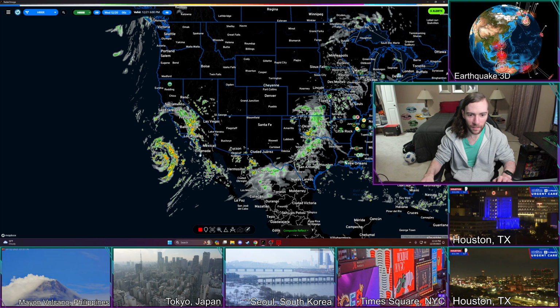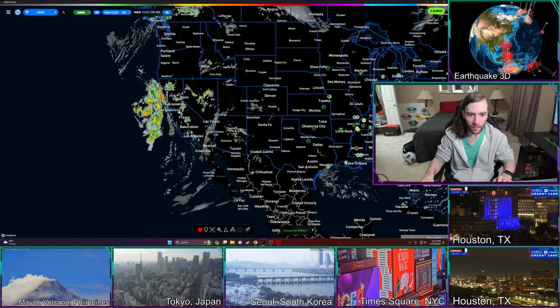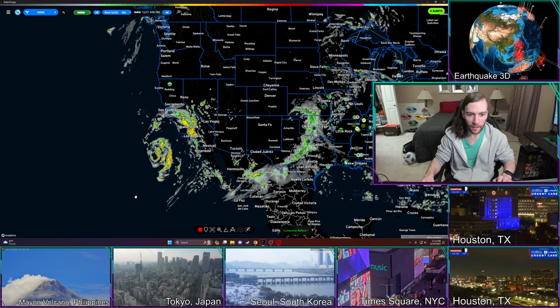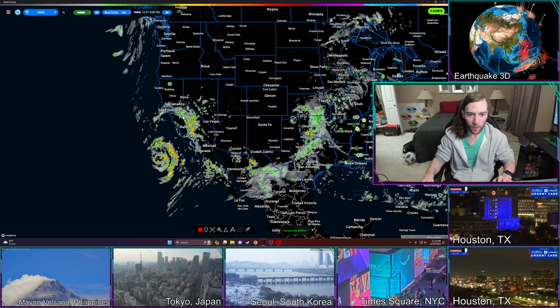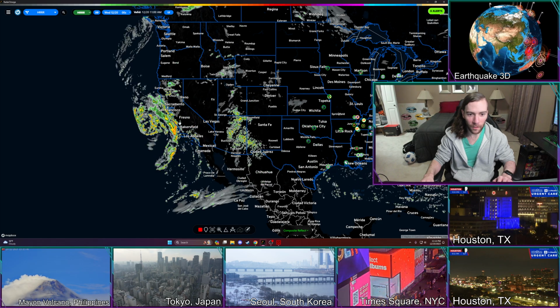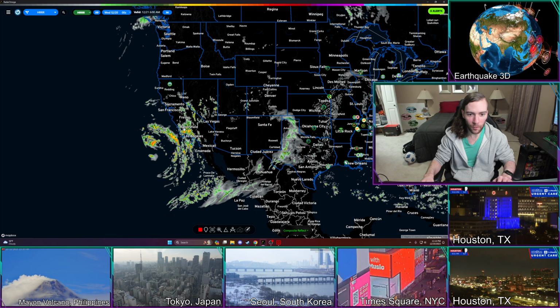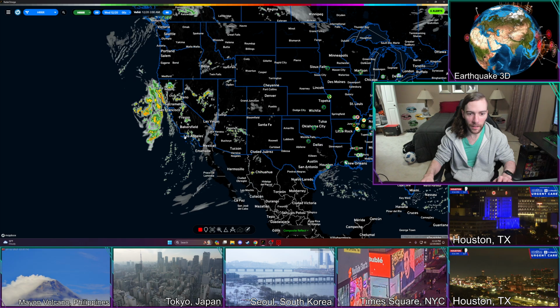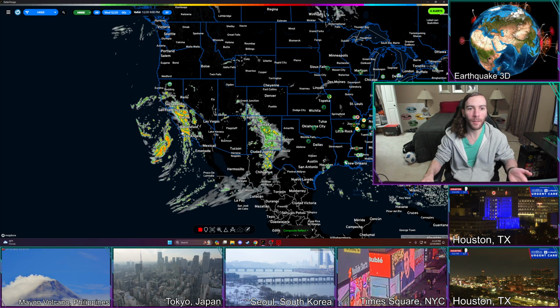When you look at the High-Resolution Rapid Refresh, this is what it looks like here. And like I was saying, the NAM 3K is a little finer as far as the individual little cells of rain, but it still looks pretty much like this on the NAM 3K.